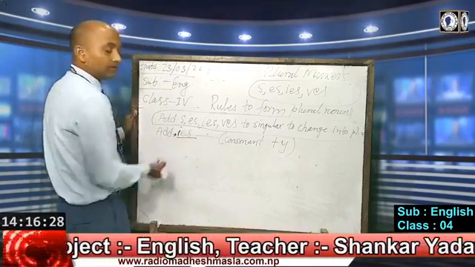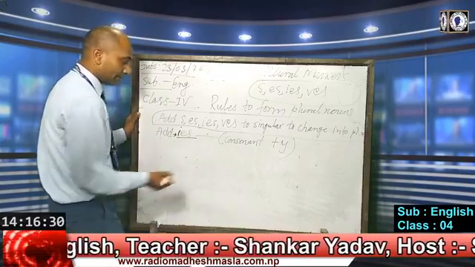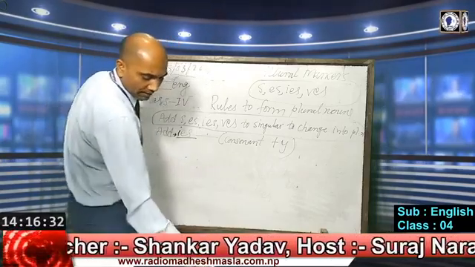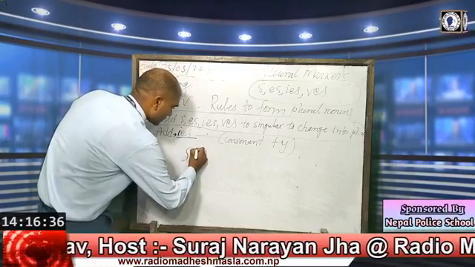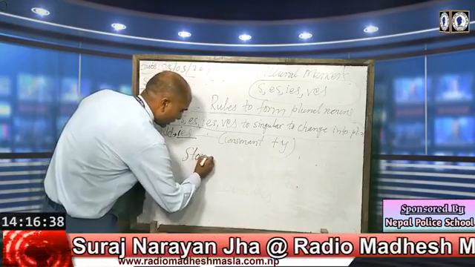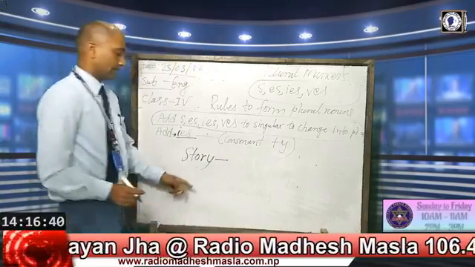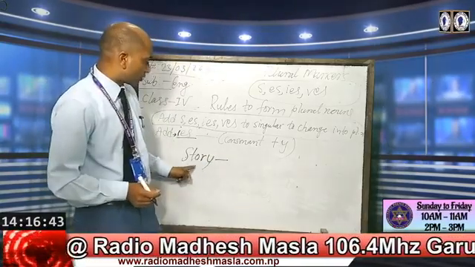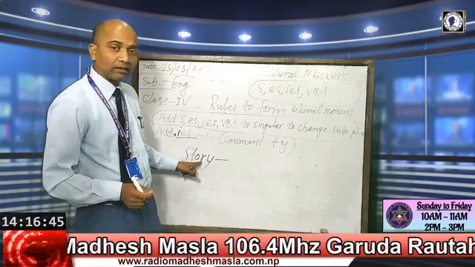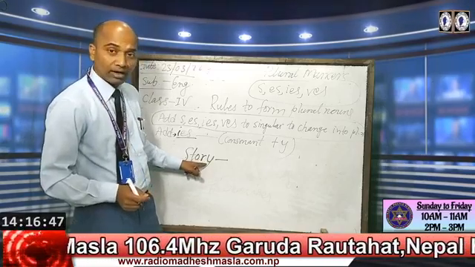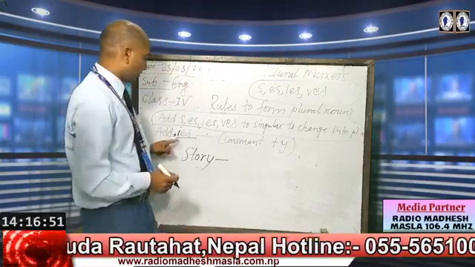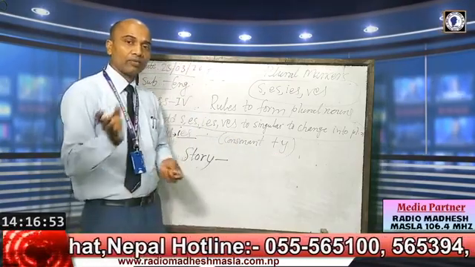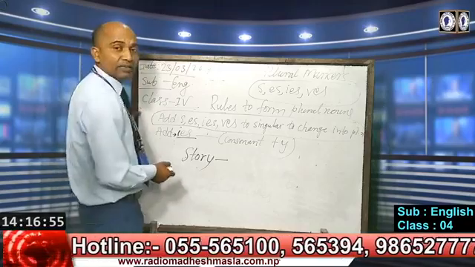We add IES. For example, you can take story. Here you can see the word story has the consonant letter R and then Y. So in this case, consonant plus Y, we remove the Y and we add the IES to make it plural.